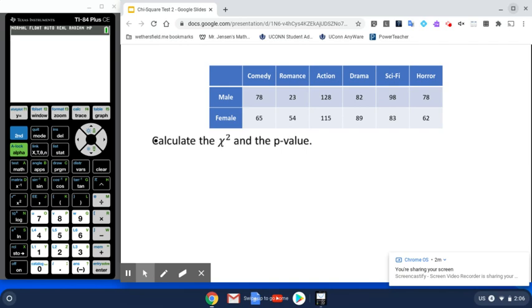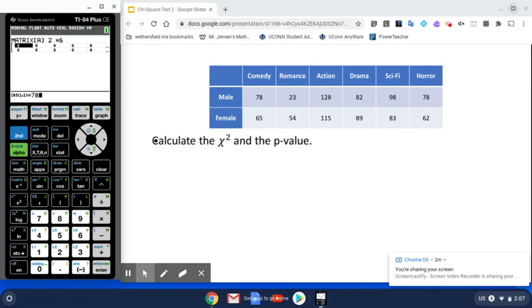The first place we're going to go to is matrix. So second matrix, that's the second function on the reciprocal key. Okay. And then we're going to go over to edit, and we want to select matrix A. Notice that this matrix has 2 rows and 6 columns, so it is a 2 by 6 matrix. And in the graphing calculator, as you type in the 2 and the 6, it sets it up.